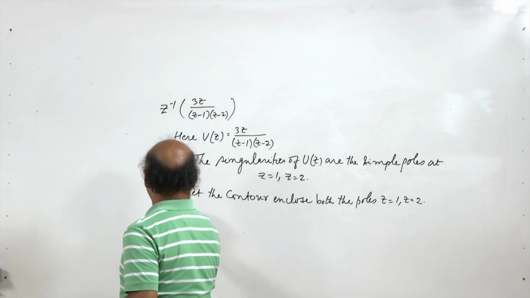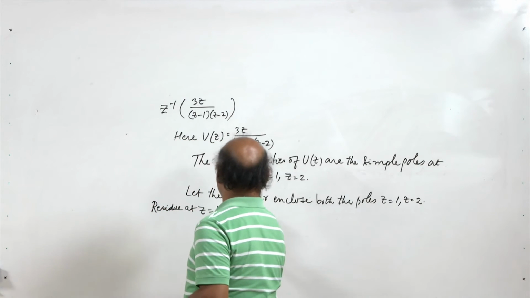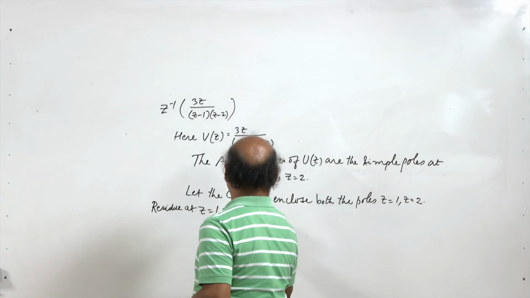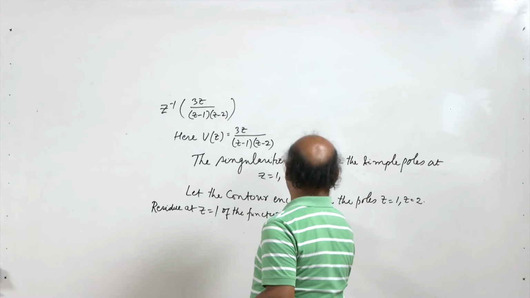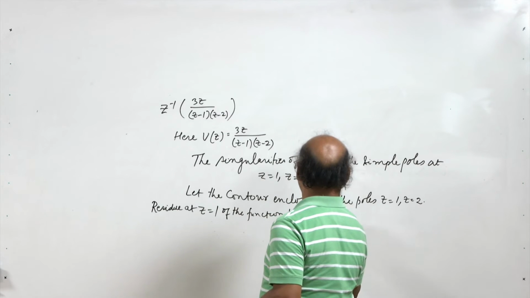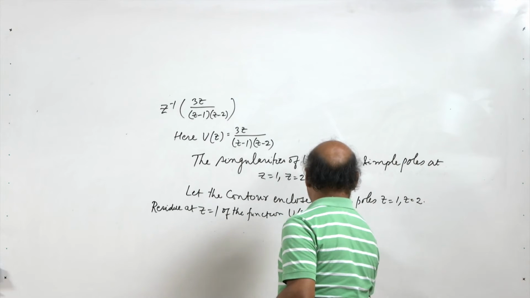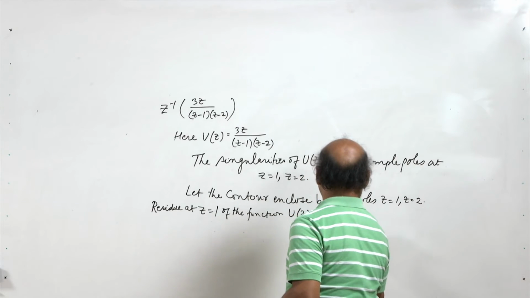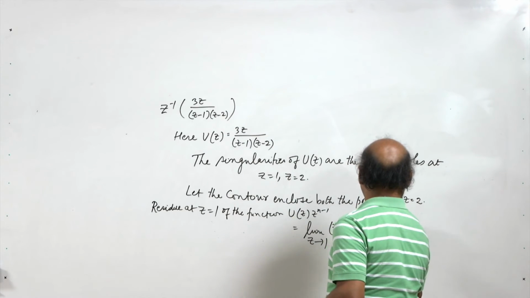So, residue at z equal to 1 of the function U(z) z to the power n minus 1 is equal to limit z tends to 1 of (z minus 1) into U(z) into z to the power n minus 1.